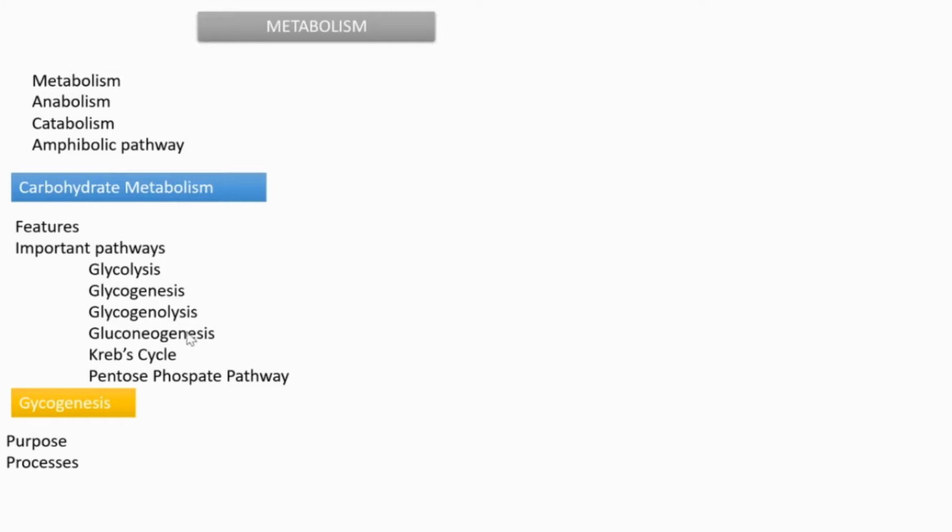The important pathways that we need to understand and learn as part of carbohydrate metabolism are glycolysis, glycogenesis, glycogenolysis, gluconeogenesis, Krebs cycle, and pentose phosphate pathway. All the cycles are important. At least one cycle will be asked in your examination.